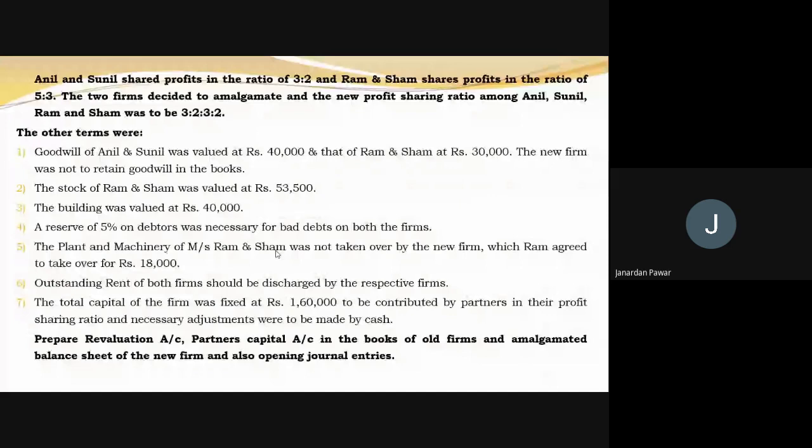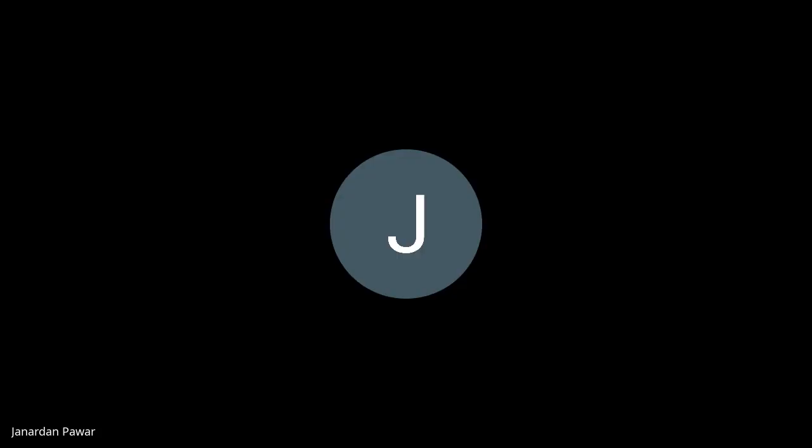Then the sixth adjustment: outstanding rent of both the firms should be discharged by the respective firms. So outstanding rent is discharged by the respective firms at the time of amalgamation, and we have to make the journal entry for it. Then the seventh adjustment: the total capital of the firm was fixed at rupees 1,60,000 to be contributed by partners in their profit sharing ratio, and necessary adjustments were to be made by cash.